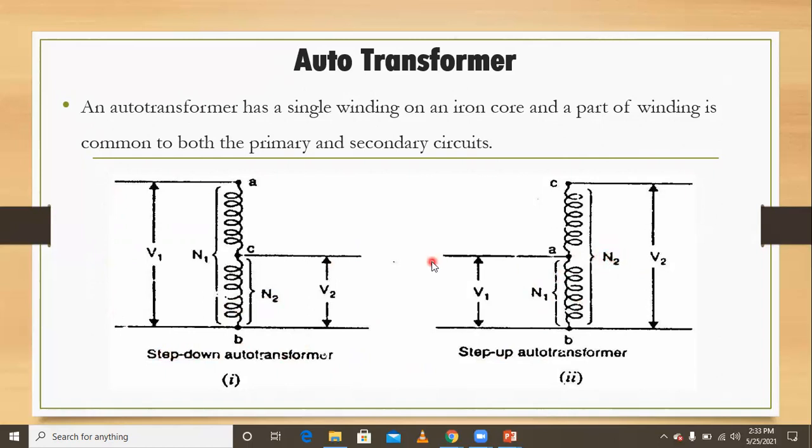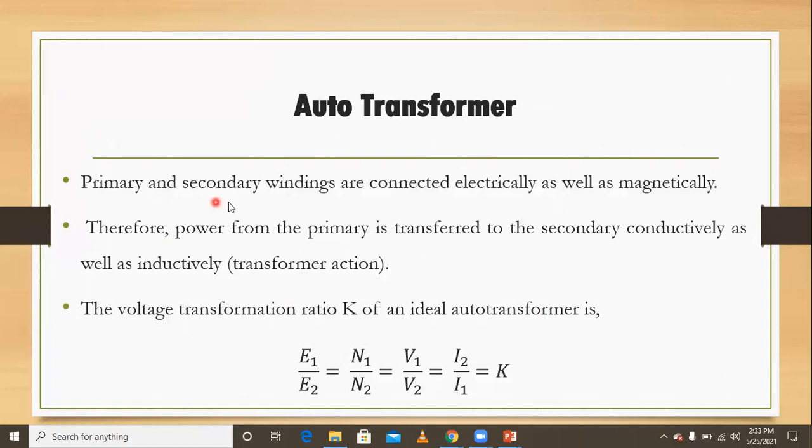First, the primary and secondary windings are connected electrically as well as magnetically. Understood? The primary and secondary windings of this autotransformer are connected electrically as well as magnetically. Some portion of the single winding is connected electrically, and some portion is connected magnetically.